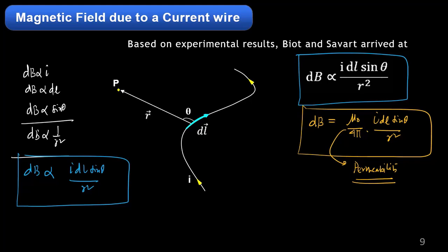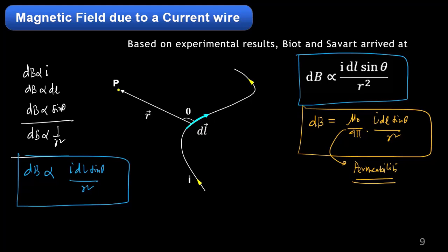Similarly, we define the permittivity. Permittivity is the ability of the medium that determines how fast or how slow the electric field will be propagated. Here I am discussing the magnetic field, so depending on how fast the magnetic field propagates, the mu naught value is given. Mu naught is one constant number, and mu naught by 4 pi is also another constant number.